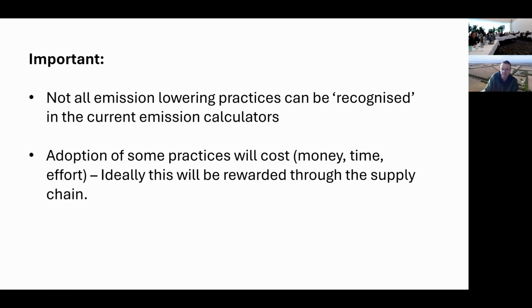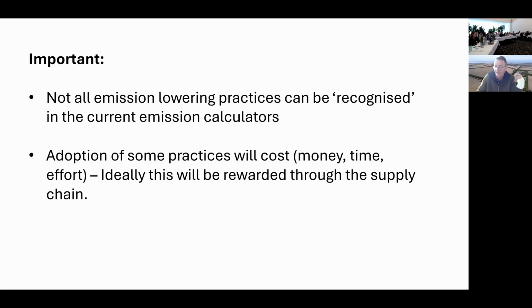The second one is just to recognise that some of these practices that we can do will cost. So implementing them, while they're good, can be associated with time, money and effort. Ideally, you'd like to think this will be rewarded through the supply chain by a premium or higher price. More often than not, I think it's just going to be around access. If you meet this certain criteria, then we will buy from you.